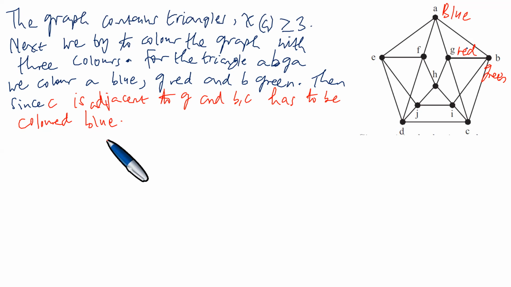I want us to refine this and write it correctly. Then since C is adjacent to what? We can see it's adjacent to B and G, or to G and B. C has to be colored blue. Maybe I can put a full stop here, otherwise there's going to be confusion.